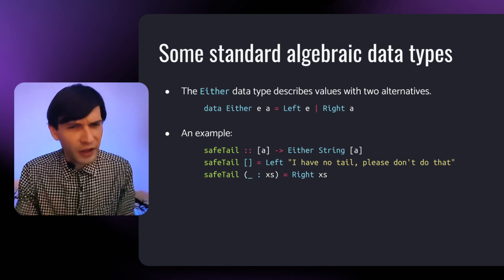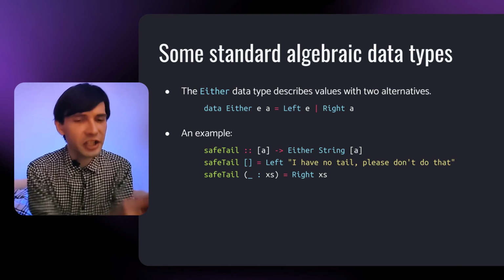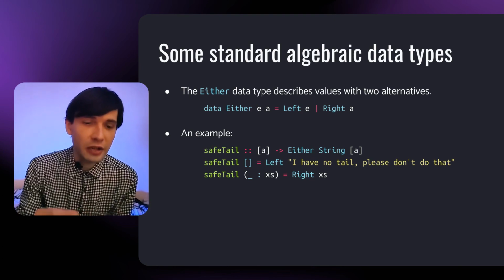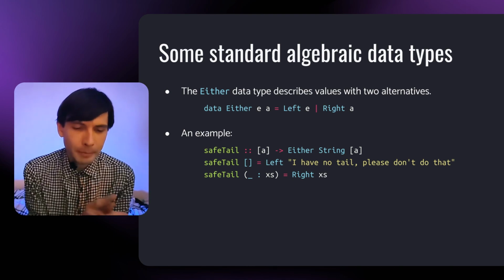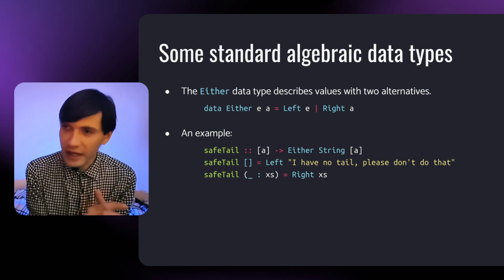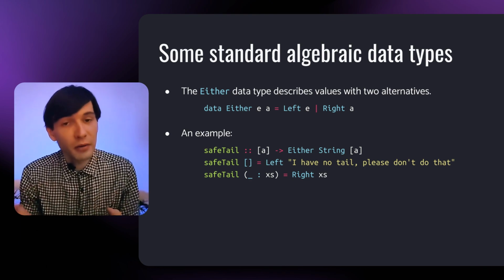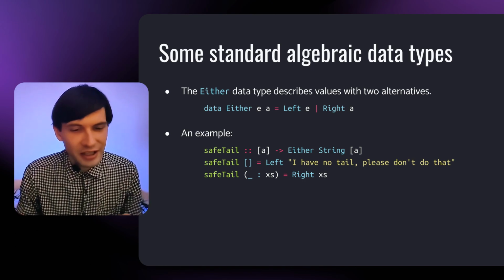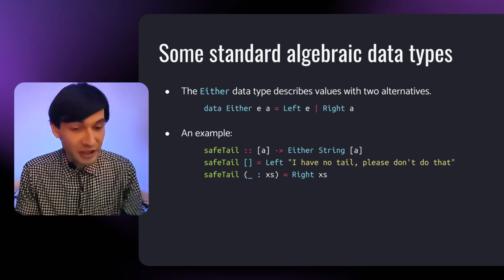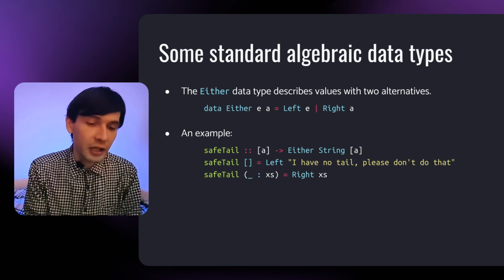We have the function called tail. It takes a list and returns its tail. The problem is that the empty list has no tail because it's empty. It doesn't have elements at all. Okay?